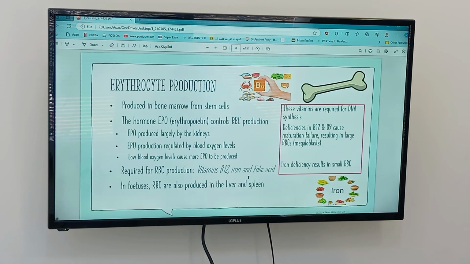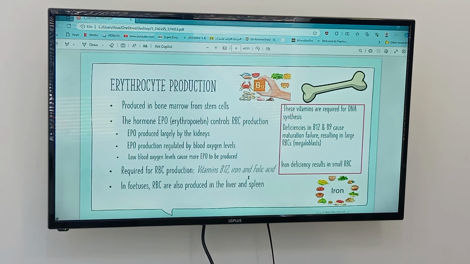EPO is produced largely by the kidney. EPO production is regulated by blood oxygen, and when the oxygen level in the blood is low, that means more EPO will be produced, and vice versa.